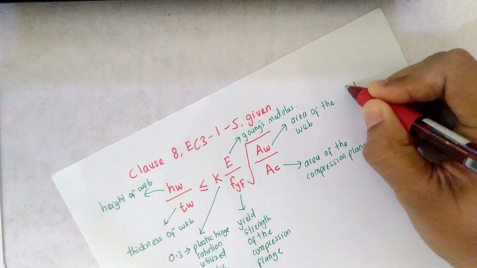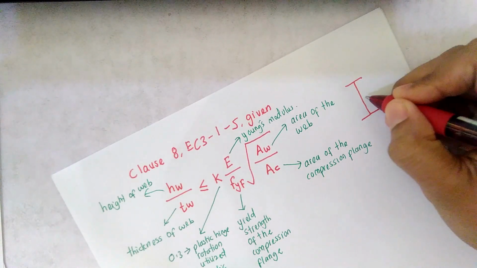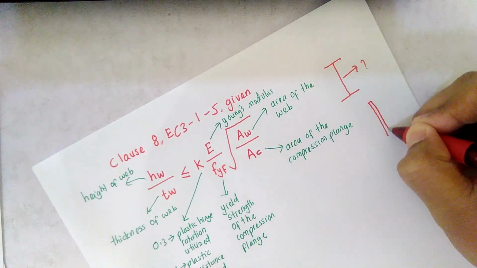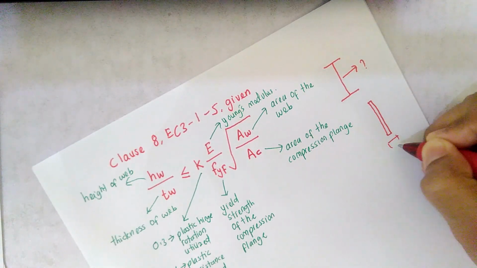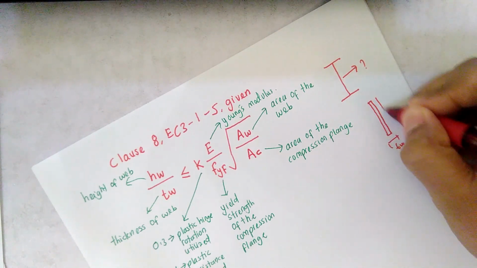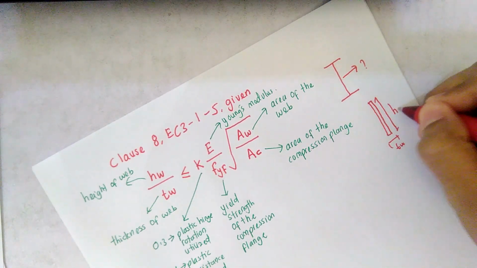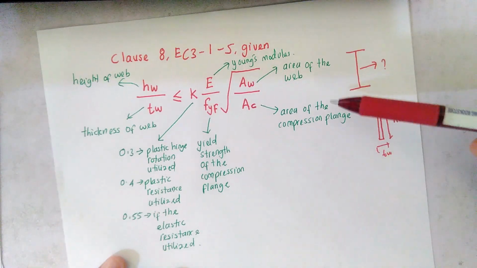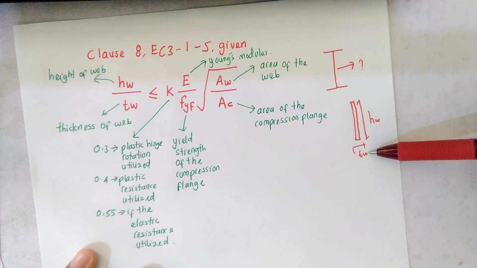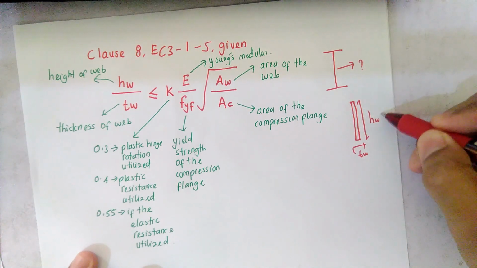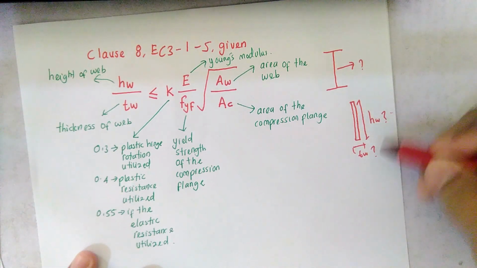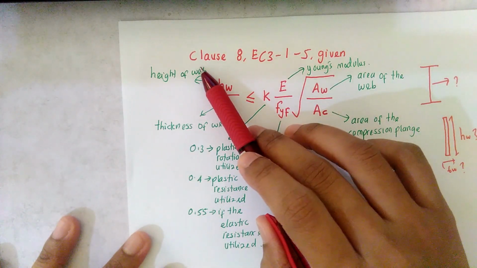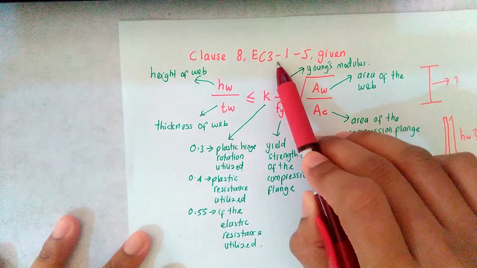This is your flange, and now we want to know the thickness of the web and the height of the web. Because you do not know these sizes yet, to come up with them you have to go to clause 8 of EC3 part 1.5.